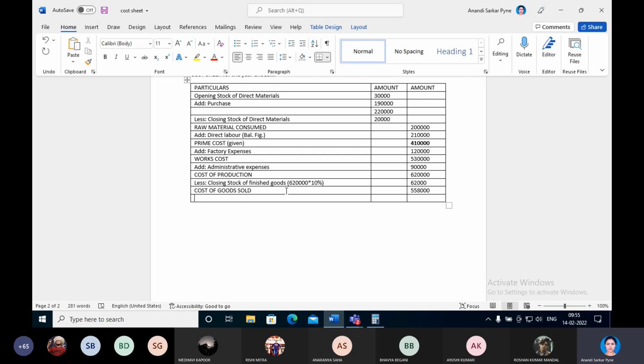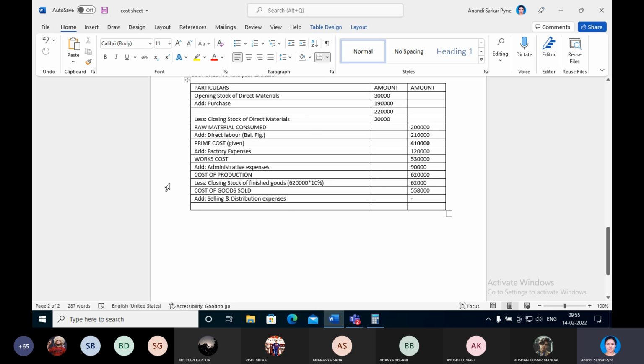So along with this, you add selling and distribution expenses. But we do not have such expense. So this is nil. You could avoid writing this also.